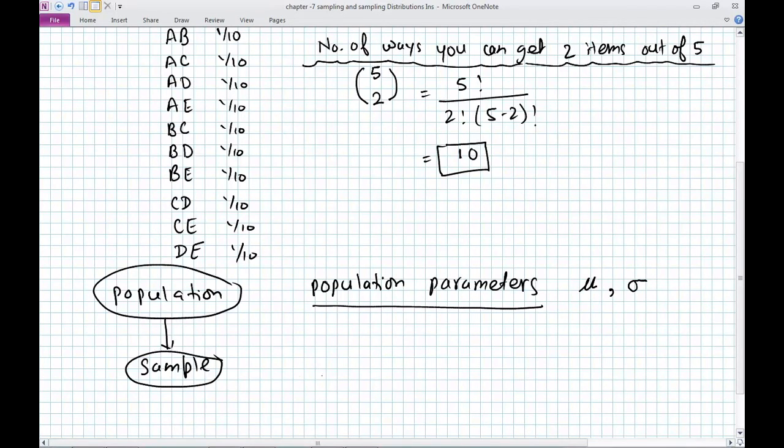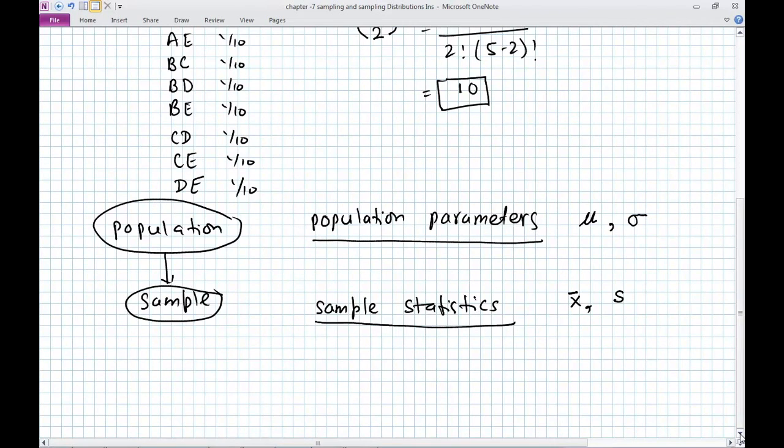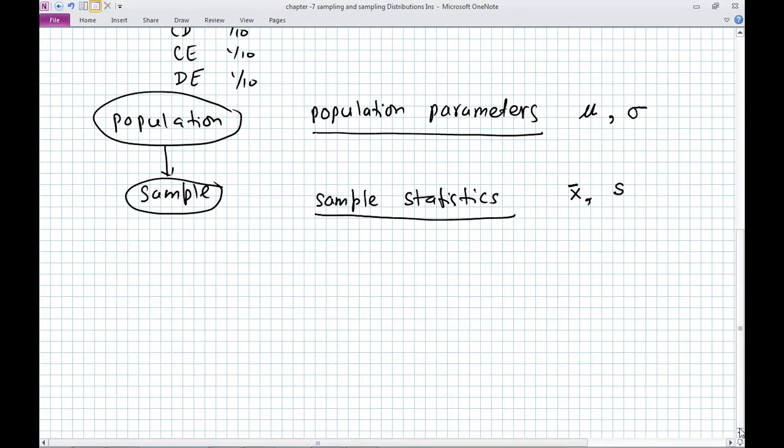Related to sample, mean we represent by x bar for the sample and small letter s for standard deviation. Although our aim is to get an idea about population parameter like mu or sigma, we get that understanding about those values only through a sample statistic like x bar or s.